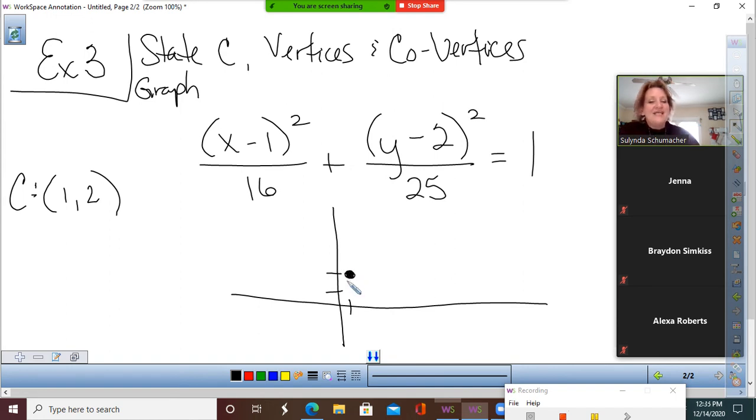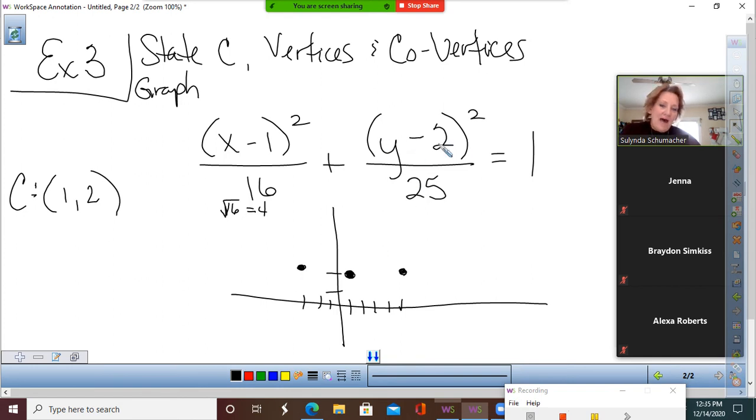Now, from my center, I'm going to go to my x. Underneath x is the 16. If I square root 16, I get 4. That means I'm going to go to the right and left 4 from my center. So from my center, I'm going to go 1, 2, 3, 4 to the right, and 1, 2, 3, 4 to the left.